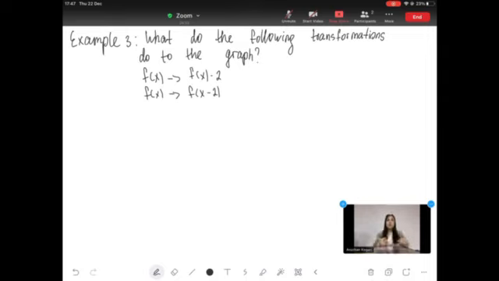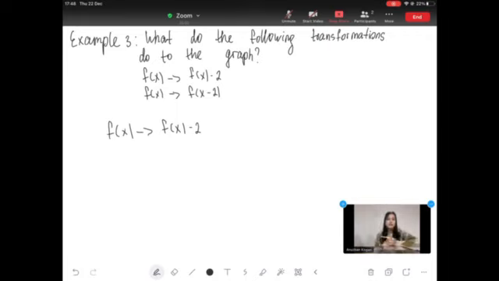Example 3. What do the following transformations do to the graph? f at x maps to f at x minus 2, and f at x maps to f at x minus 2. So solution, f at x maps to f at x minus 2. The y coordinate undergoes the change.